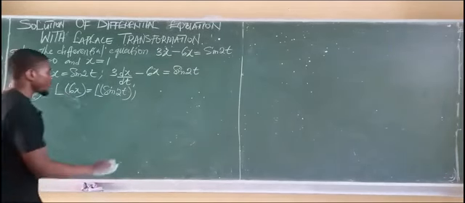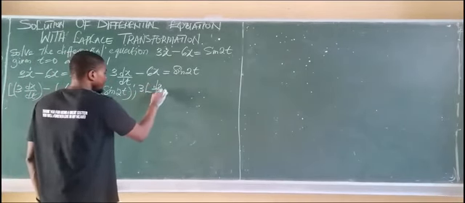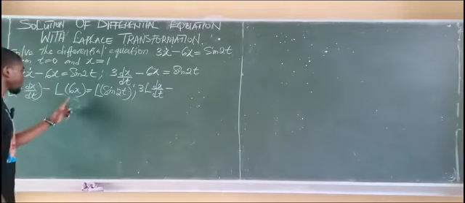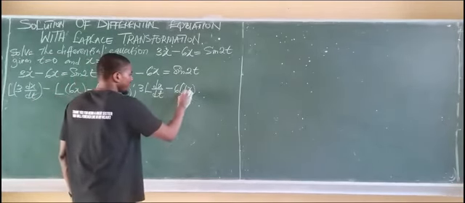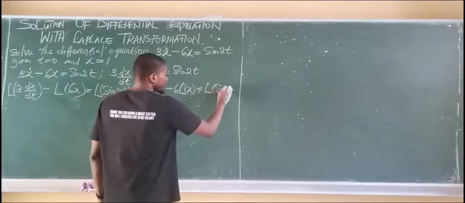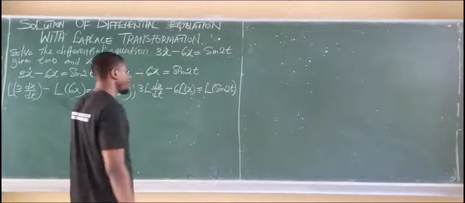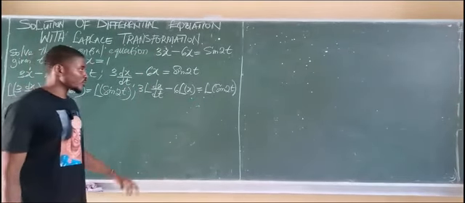Bringing out 3, we have 3 Laplace of dx over dt, minus, also bringing out 6, 6 Laplace of x, and this is equal to Laplace of sine 2t. We now need to write the Laplace of these functions.